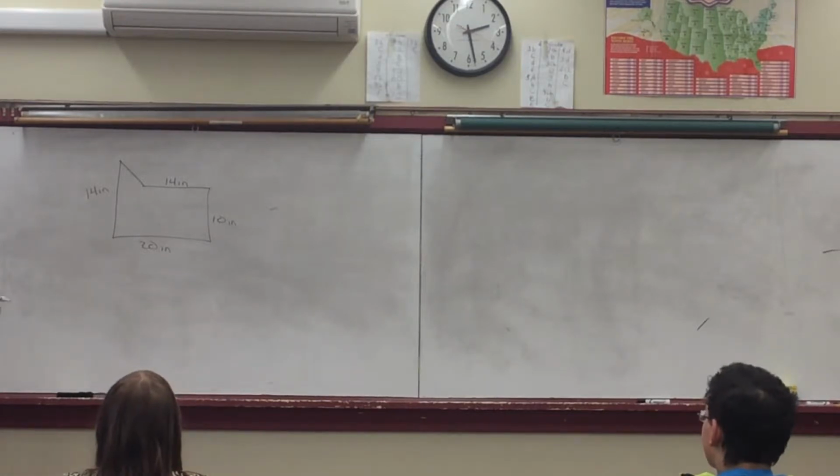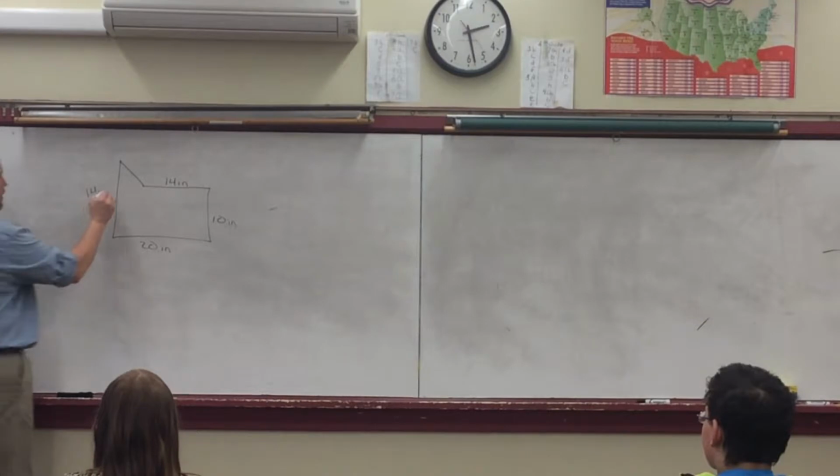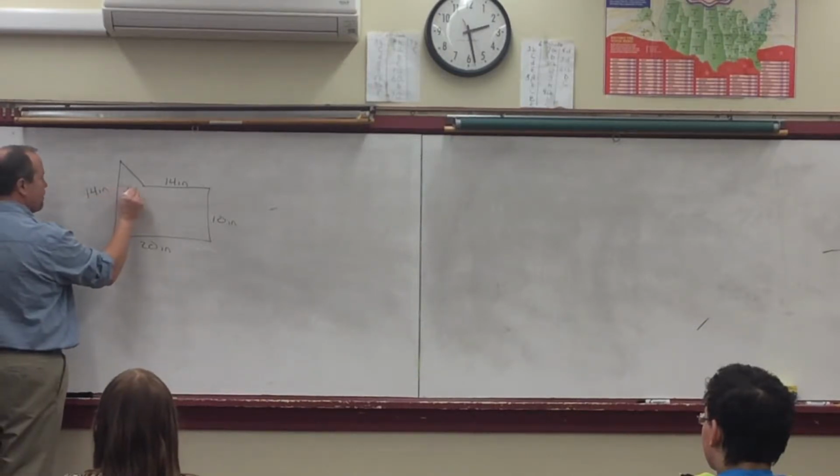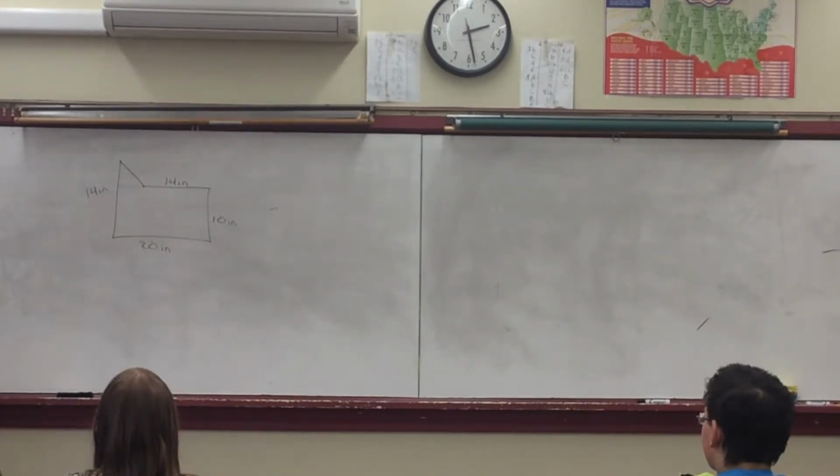Now obviously, if we have this shape, the easiest way to make triangles and rectangles would be to put the dotted line there.